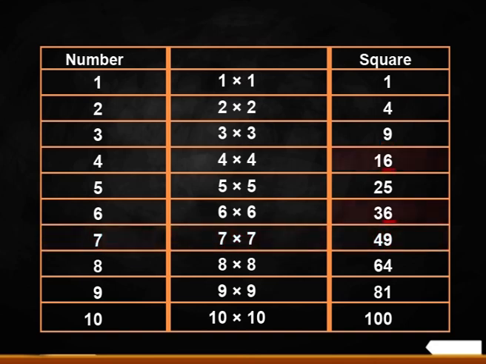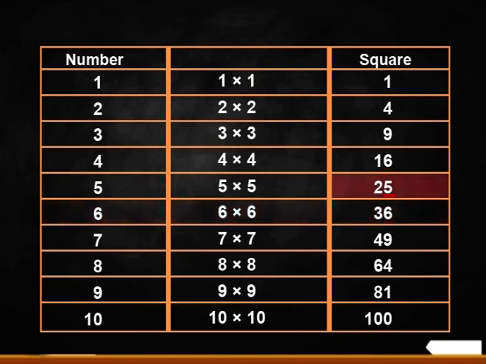If a number ends in 6, the square root ends in 4 or 6 because 4 multiplied by 4 is 16 and 6 multiplied by 6 is 36.